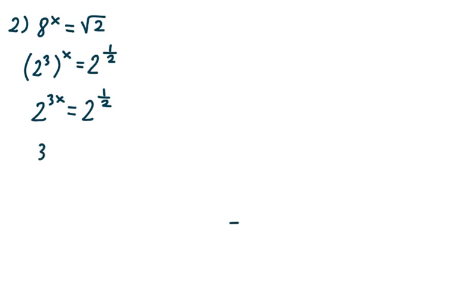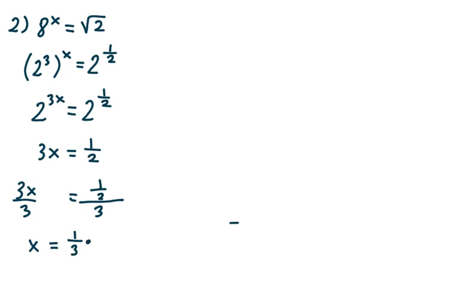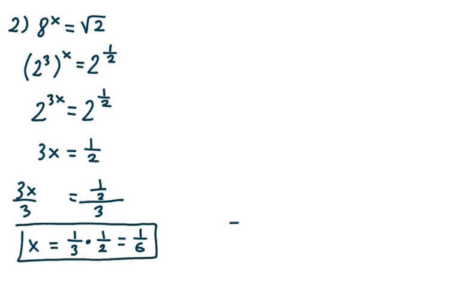I could then say 3x equals 1/2. Now, I'm going to divide both sides by 3. So 3x over 3 is the same as 1/2 divided by 3. So x is 1/3 multiplied by 1/2, which is equal to 1/6. And that's how you do number 2.